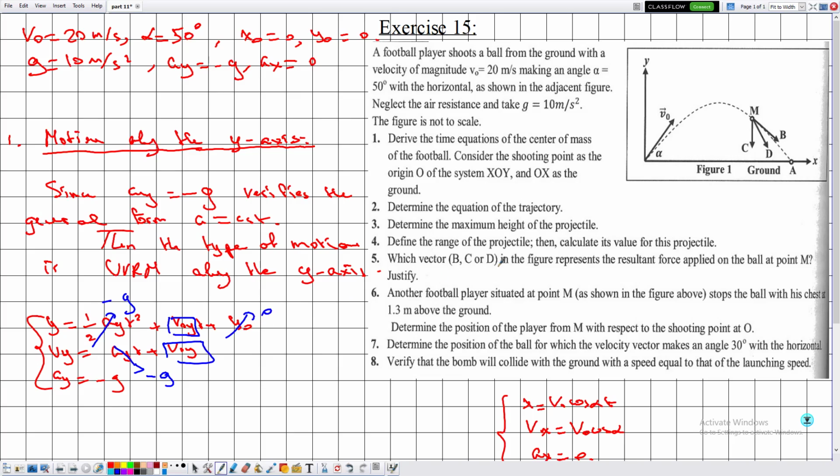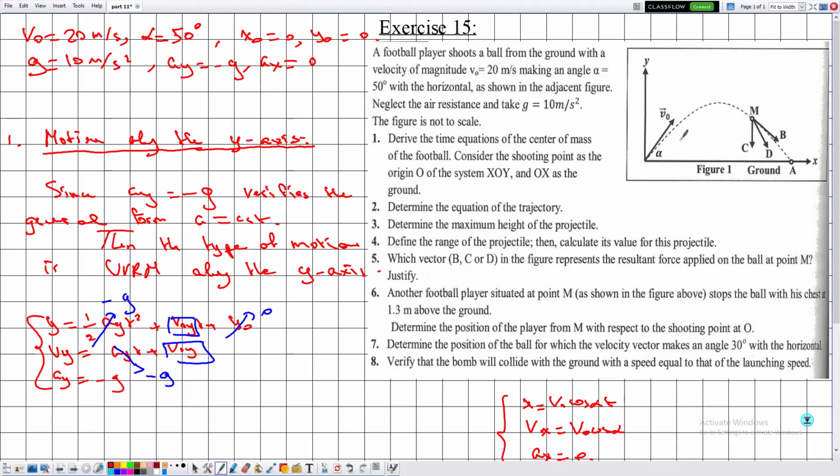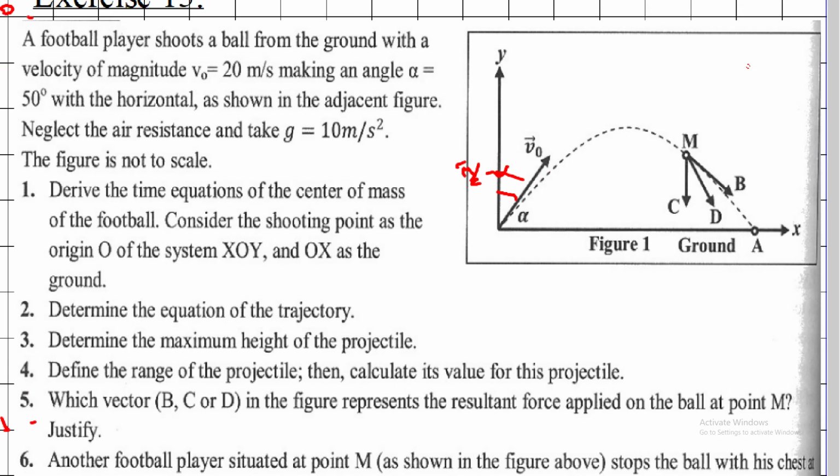Because y0 is 0. As we did for the x component, v0y is the y projection of the initial vector along the y component, so it's pointing in the same direction, so v0y is equal to plus v0. If this is alpha, this angle here is pi by 2 minus alpha, so v0y is equal to plus v0 cosine pi by 2 minus alpha, which is equal to v0 sine alpha.